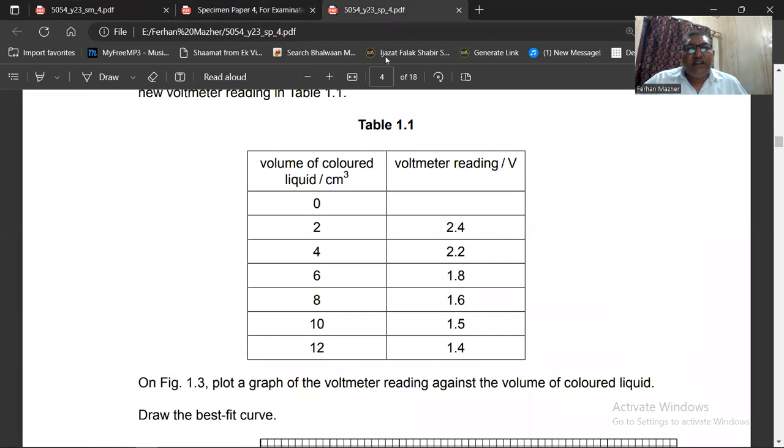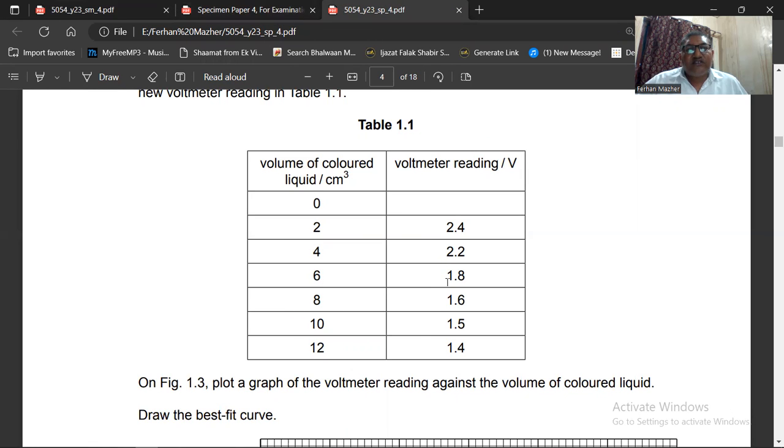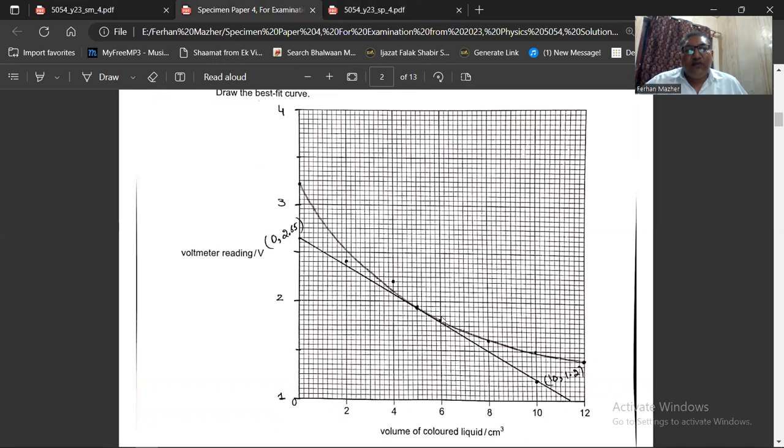Put this dot. Then at 4 you have 2.2. I will put this dot. And at 6 you have 1.8. This is the dot.